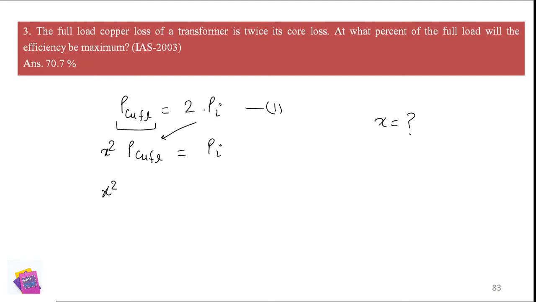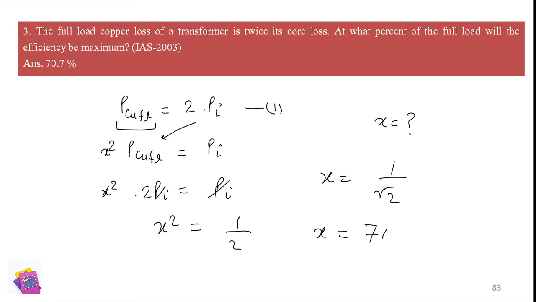So x square into 2PI equal to PI. So PI cancels, x square equal to 1 by 2 and x equal to 1 by root 2. After solving this, you will get x equal to 70.7%, which is 0.707. So it is quite easy. Once you know the concept, you can directly solve the numerical.